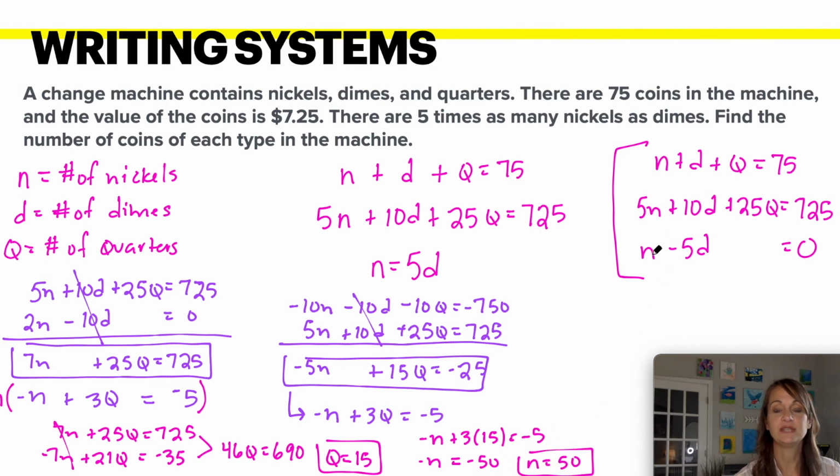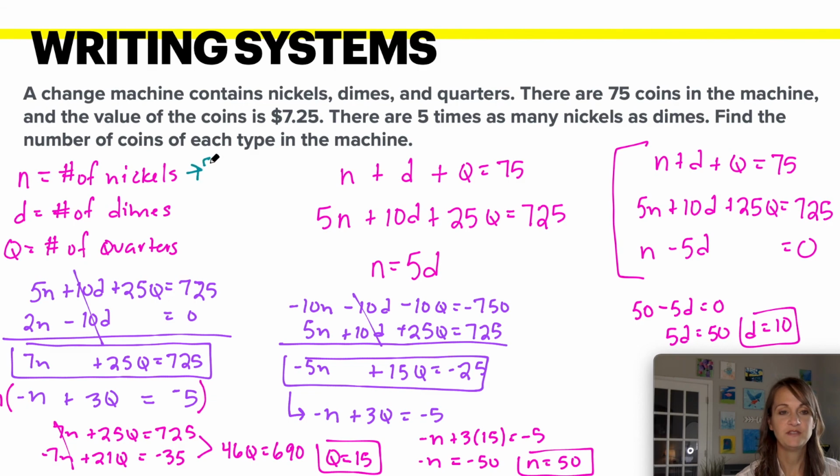And then I'm going to use n and plug it into here. So 50 minus 5d equals 0. So 5d equals 50, and so d equals 10. That means there were 50 nickels, there were 10 dimes, and there were 15 quarters.